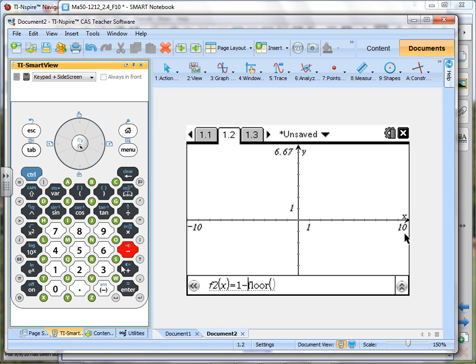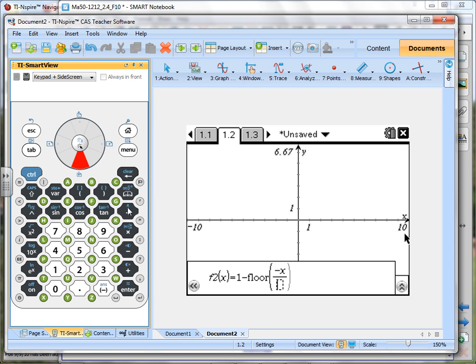Okay? 1 minus the floor, 1 minus the floor, and now we're going to put in a fraction. And we're going to put in the opposite of x divided by 2. We're just putting in that function, nothing else. So 1 minus the floor.